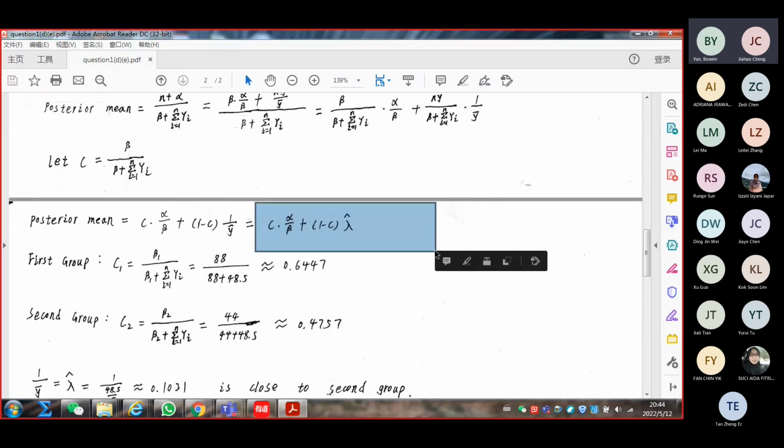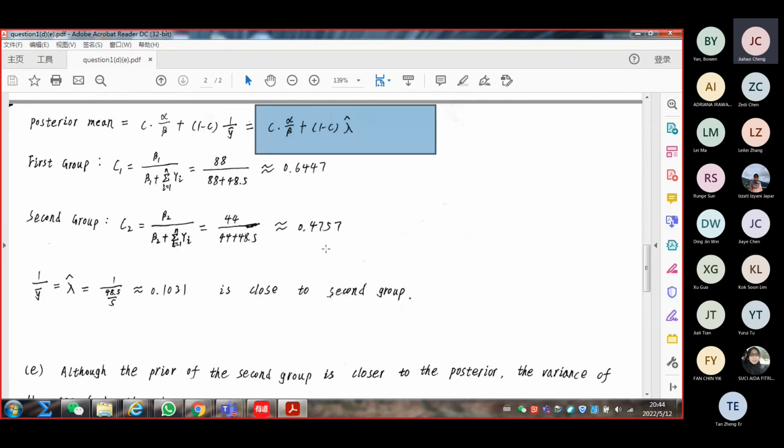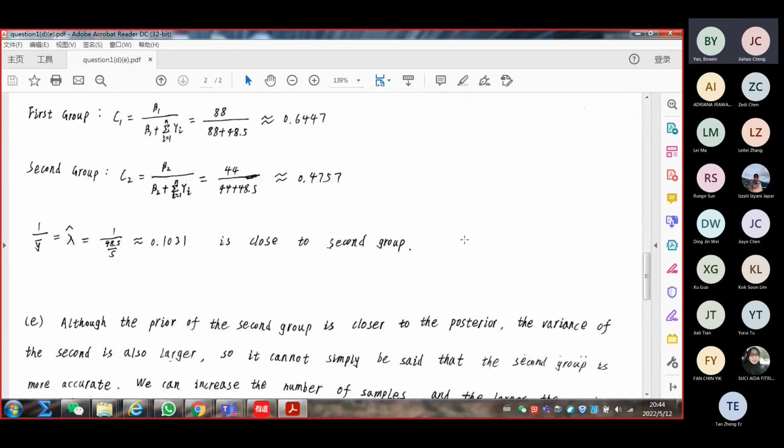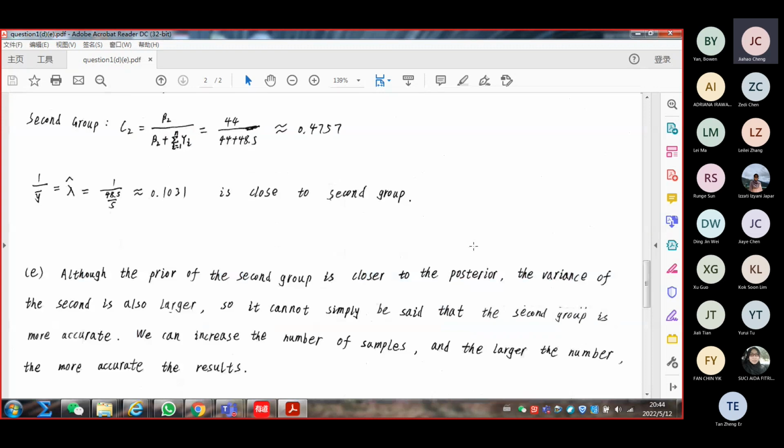We can get the C equal to this. For the first group, we can find the C1 equal to 0.6447 and the C2 equal to 0.4757. Then we can get the number is close to the second group.